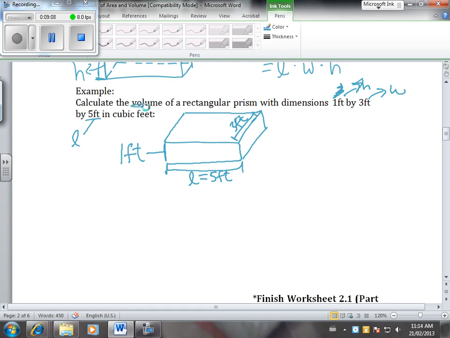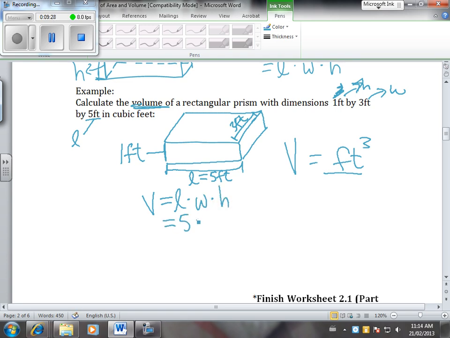So to find our volume, remember that it's going to be equals something cubed. In this case, it will be feet cubed. So how do we calculate that? We do volume equals length times width times height.